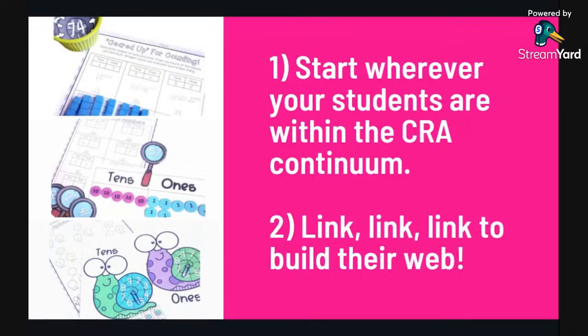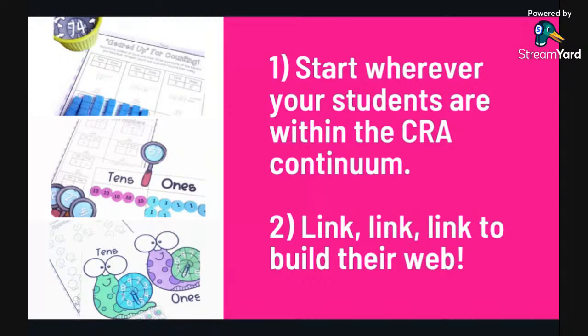So in each of these 3 different differentiation scenarios, we're ultimately doing the same thing. You're starting wherever your students are within the CRA continuum, and then you are linking to build their web. If they're at the concrete, you're linking to a representational model. If they're working within the representational model, you might be linking back to concrete to check their work.